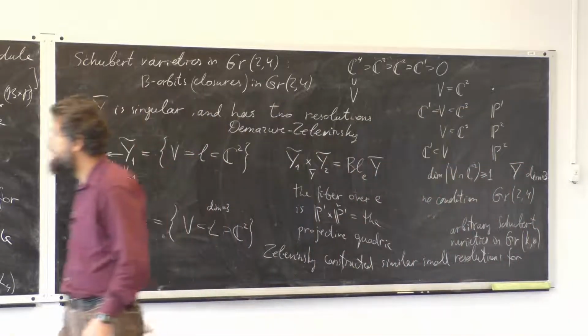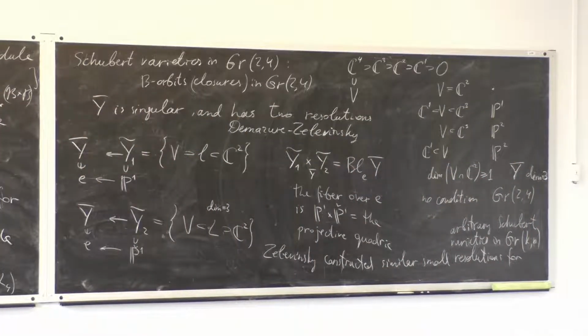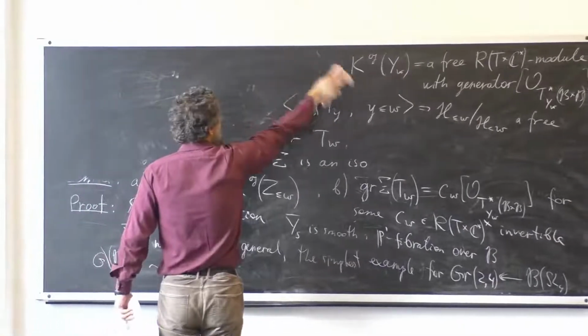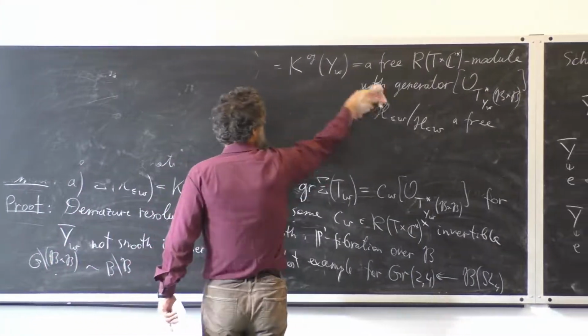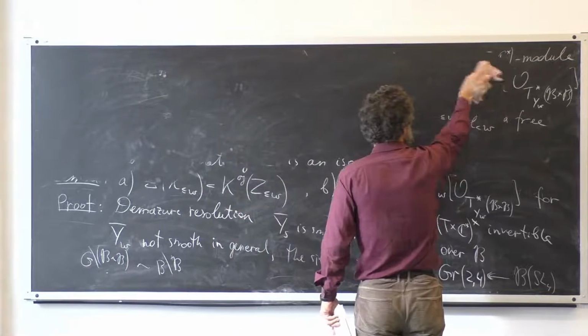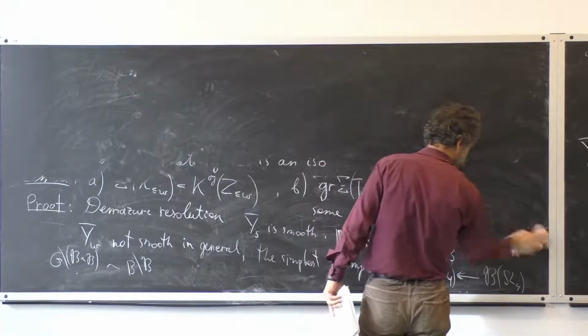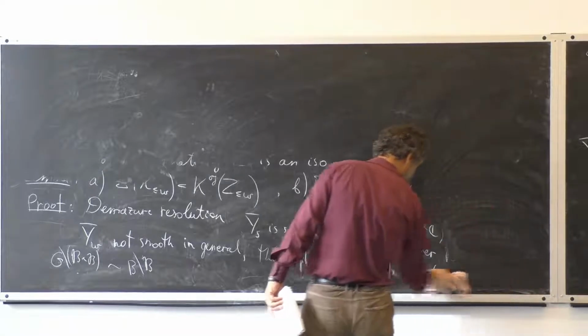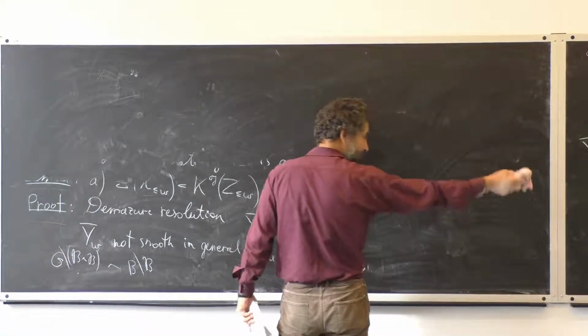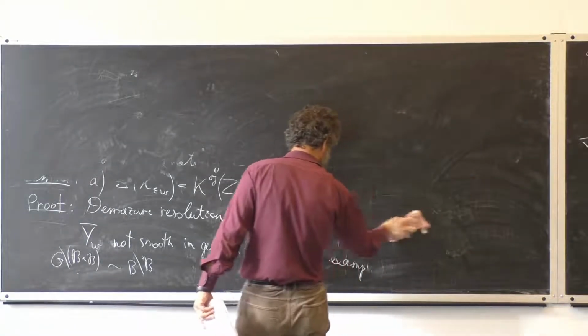But unfortunately, or I don't know, maybe fortunately, for other groups, not SLn, and even for SLn, but other parabolic flag varieties, not Grassmannians, say complete flag varieties, it's impossible to construct small resolutions of singularities of Schubert varieties. So it's essentially the only generality when this works.